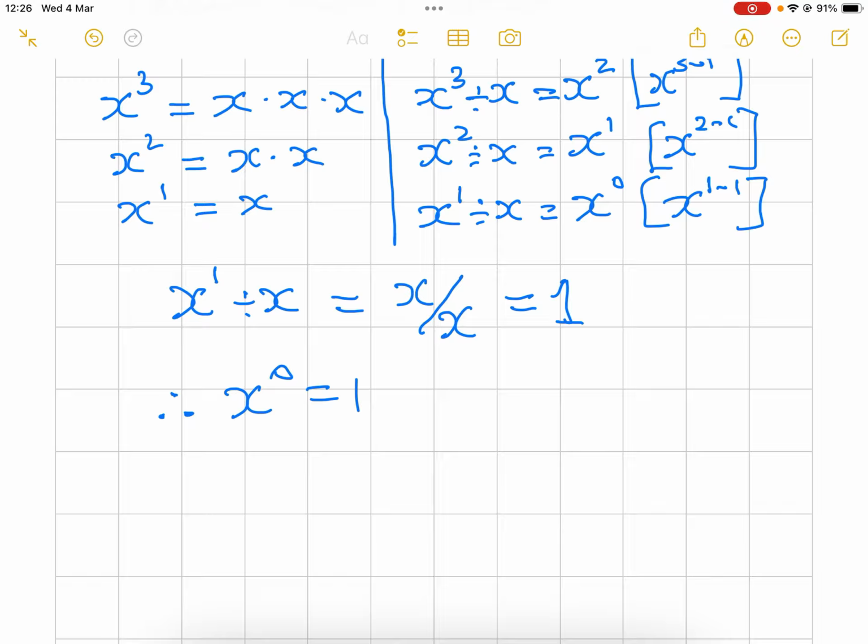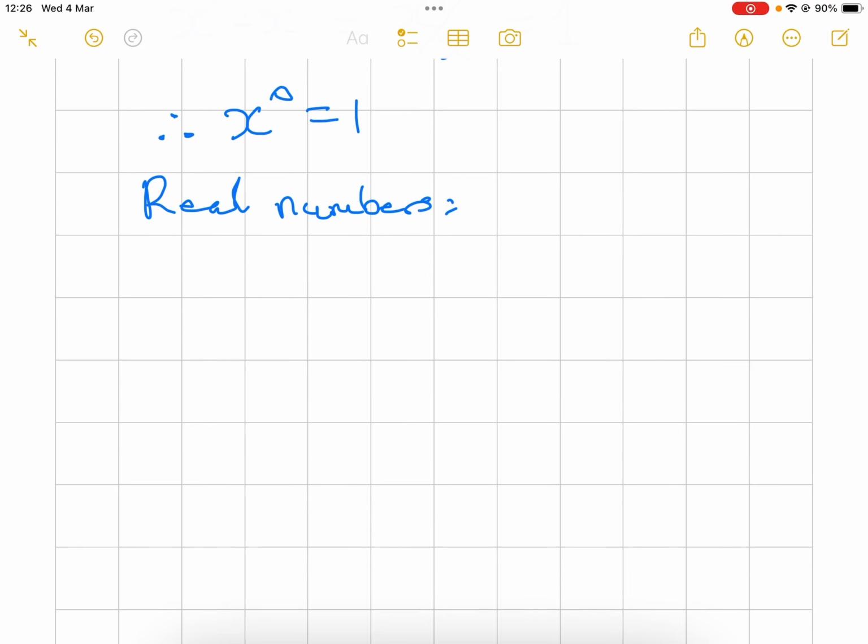Then let's test with real numbers. Consider this. 5 raised to power 3 is equal to 125. 5 raised to power 2 is equal to 25. 5 raised to power 1 is 5.